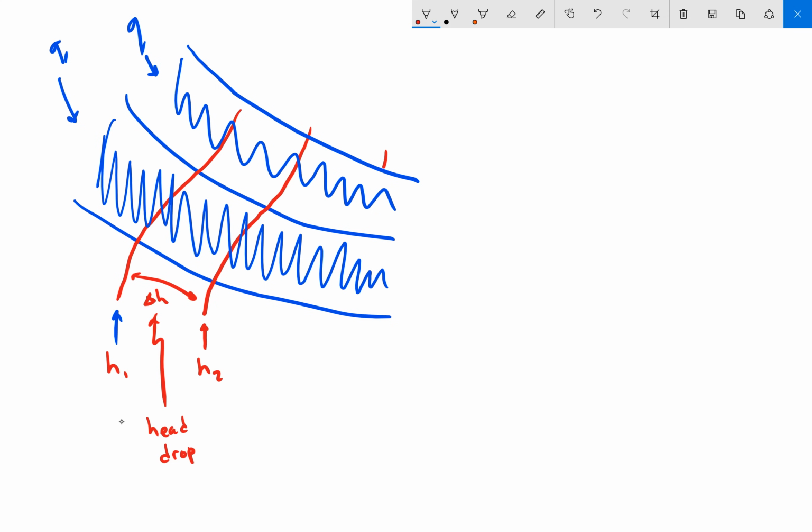Ideally, we want the head drops to be equal, though it's not totally unheard of, and we'll see an example that we'll do later, that we might have, if necessary, a smaller head drop, where maybe this is something that is less than delta H.